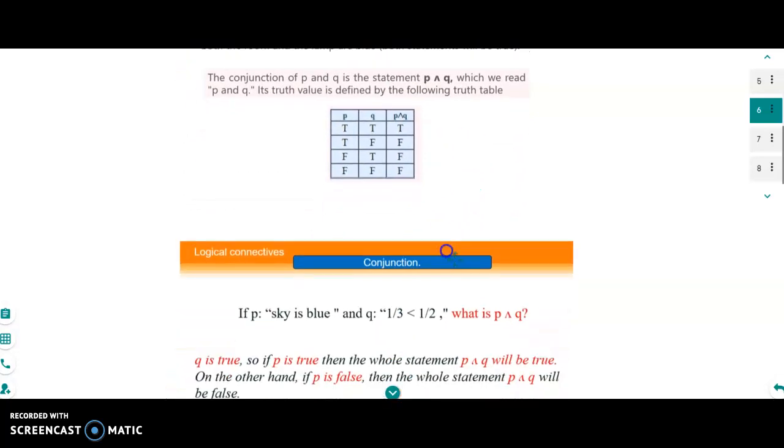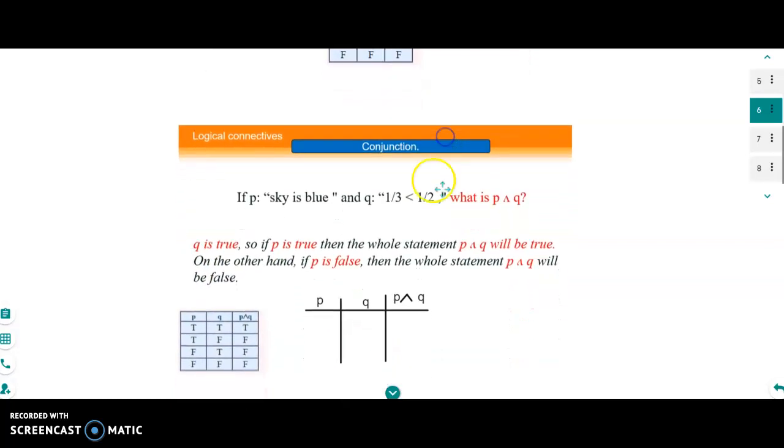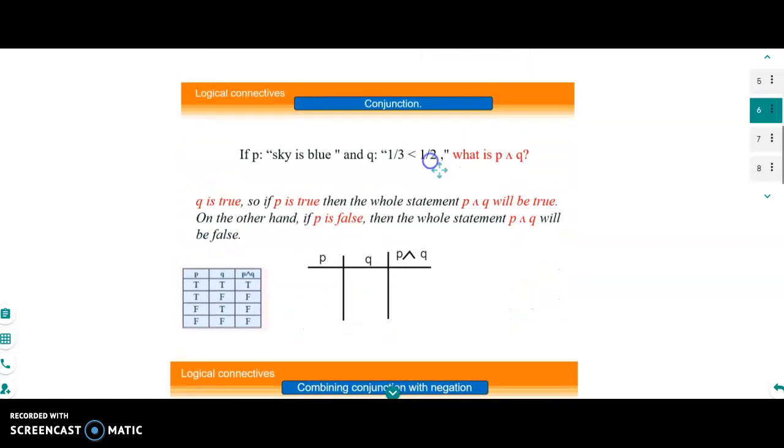So let's continue. Now we will see a word problem. Here we have another example of conjunction. If P is the sky is blue, the first proposition, and Q is 1/3 is less than 1/2, a half, we are going to find what P and Q is.